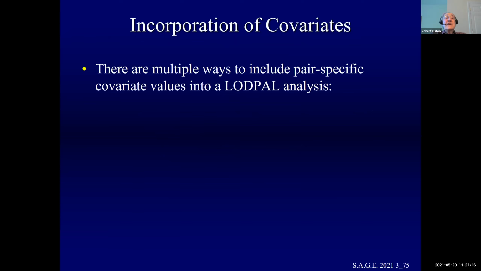So let's think about incorporating covariates into this LOD. There are multiple ways to include pair-specific covariate values into a LotPal analysis. You can put it in as the product of the pair, the default being the mean-corrected product.